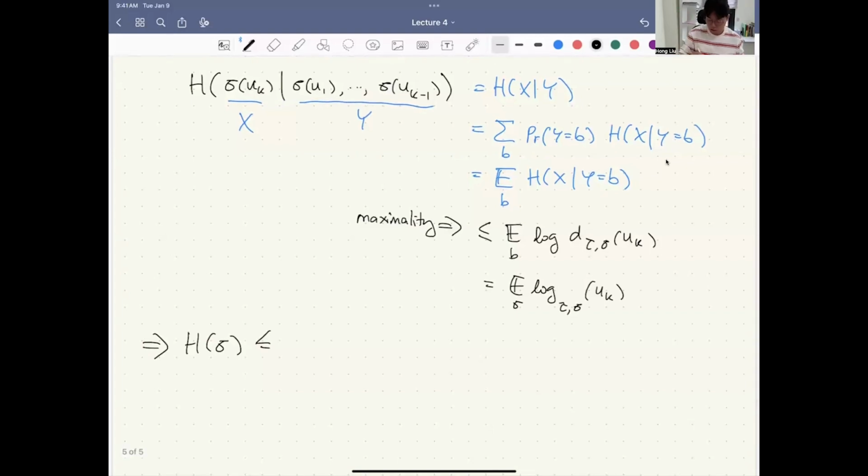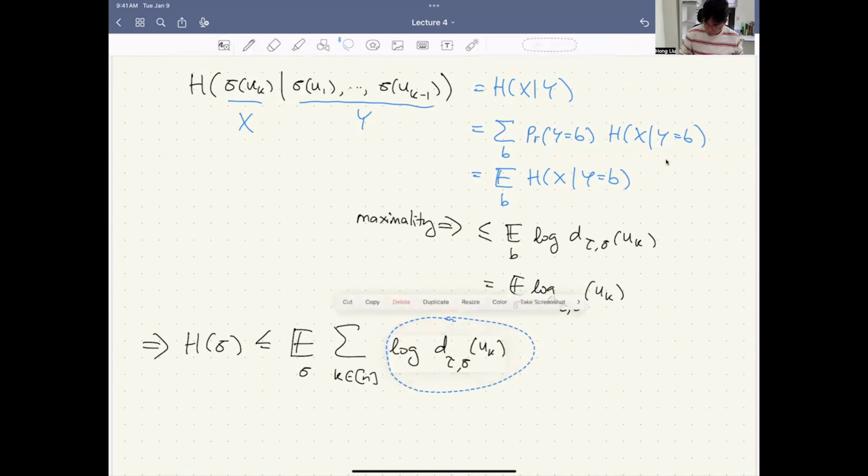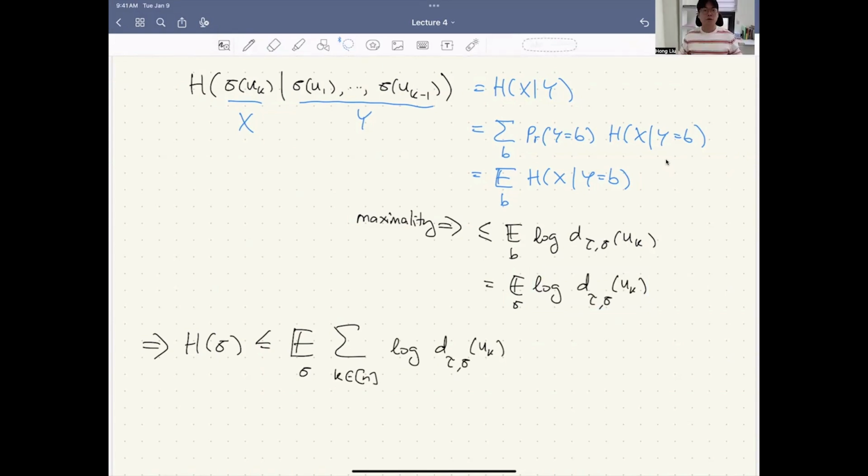Let's swap expectation and sum. So it's the expectation over sigma of the sum over i from 1 to n of log of d tau sigma UK. All right, any questions so far?